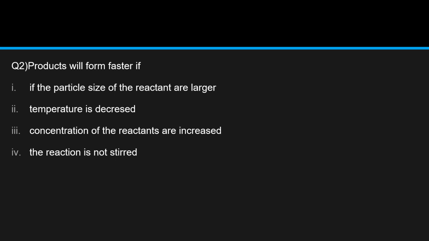If we decrease the temperature, it will take more time for the reaction to complete. Whereas if the reaction is not stirred, there will be an imbalance of the particles. So the answer is the concentration of the reactants increased, because concentration is one of the factors involved in the rate of reaction.